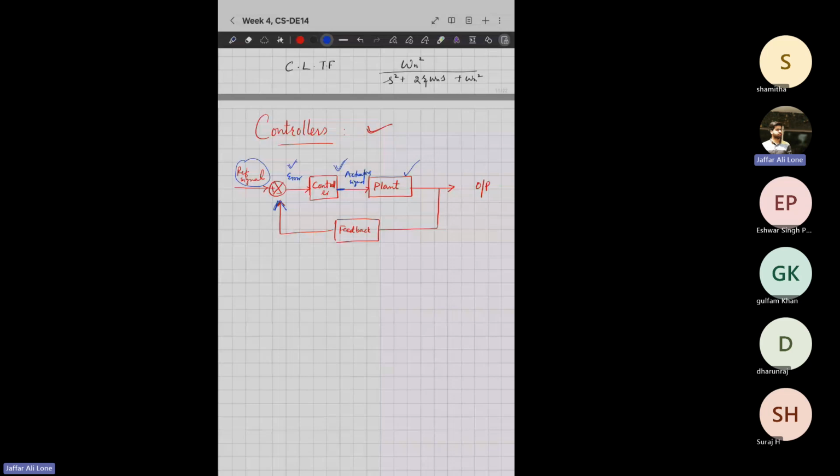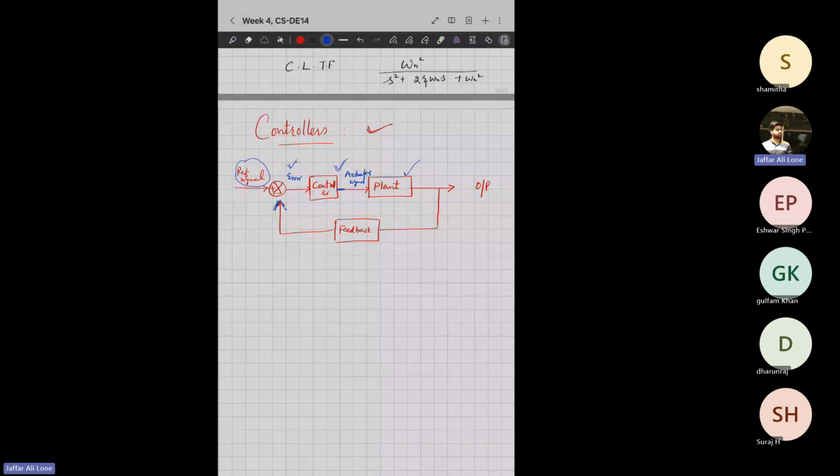For example, if it is a DC motor, then the input has to be some voltage, right? If there is some mechanical system, this actuating signal has to drive something, a rotating part, a motor or something like that, right? So the output of the controller is called actuating signal, and the input to the controller is error, right?